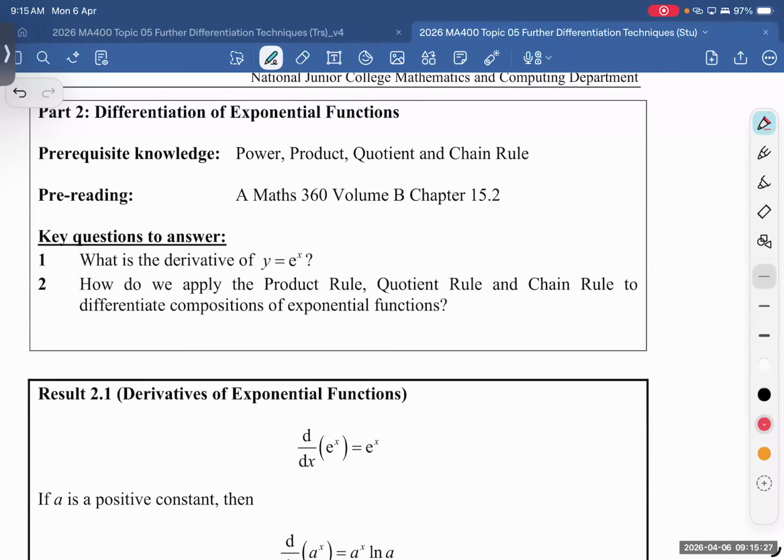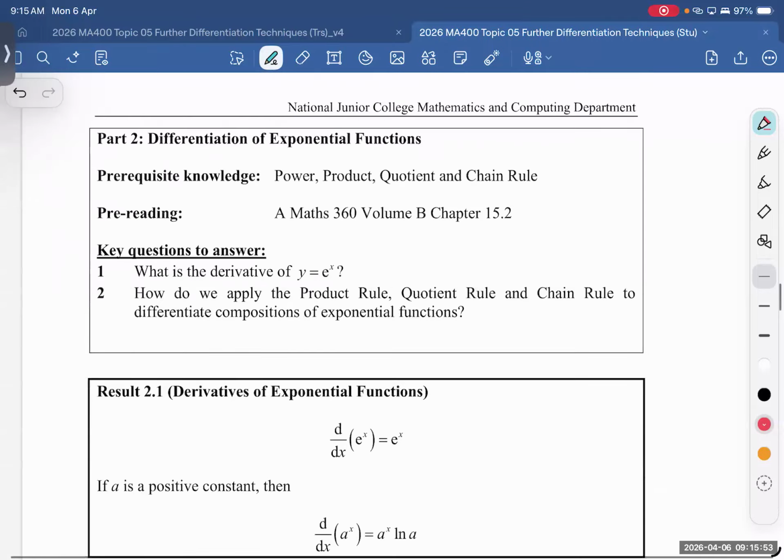The proof is by first principles. But if you look at the exponential graph and draw a tangent, look at how the tangent gradient is also exponentially increasing. That's why the derivative of e^x is just e^x. Most importantly, you must memorize that.